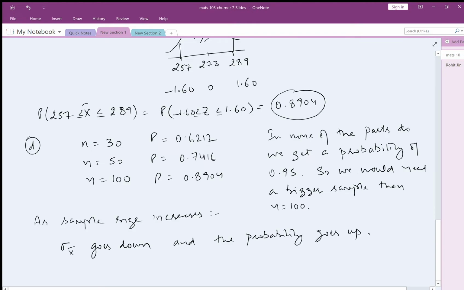So if you go from part A, B to C, you will see that as the sample size increases, the standard error is decreasing and the probability is going up. So everything is good. Error is decreasing and the probability is going up.